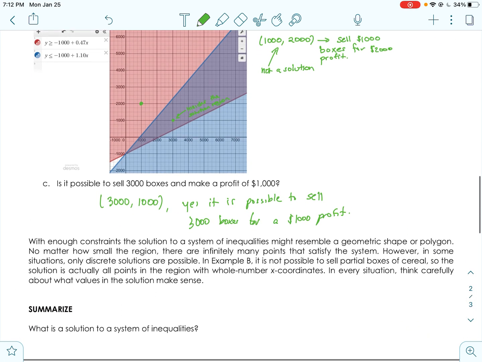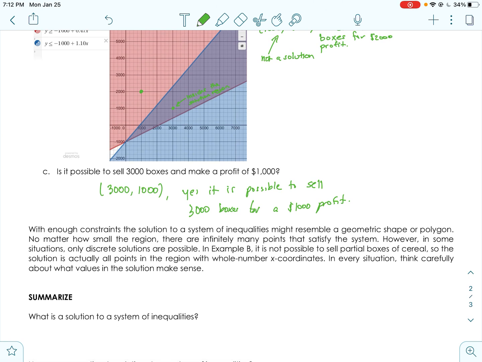Now, what you'll see in some of the problems on your homework is that with enough constraints, the solution to a system of inequalities might resemble a geometric shape or polygon. But what you need to understand is that no matter how small the region, there are infinitely many points that satisfy this system.